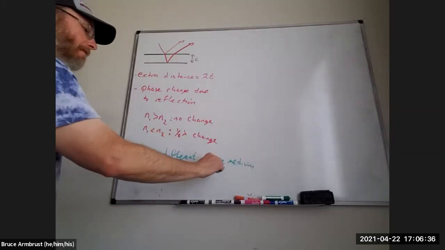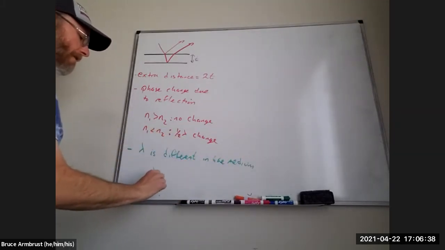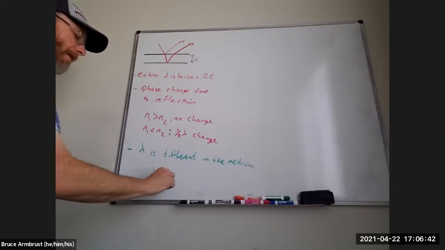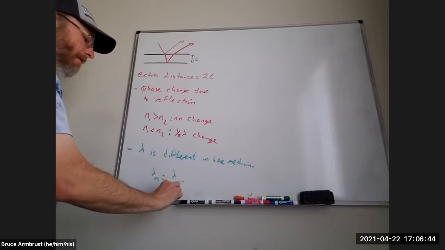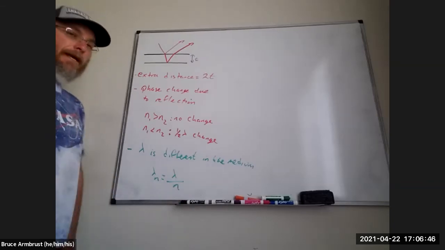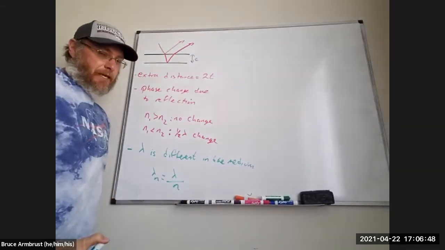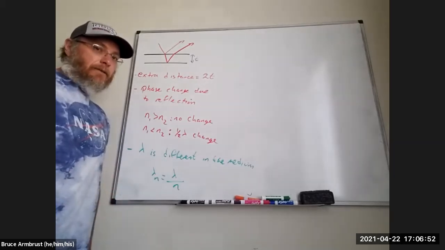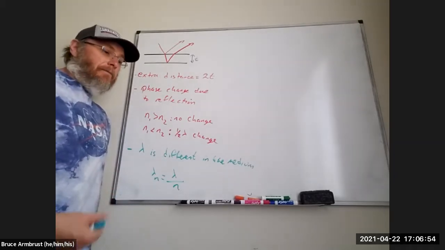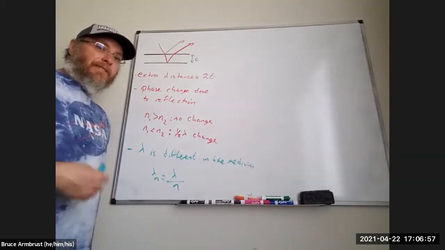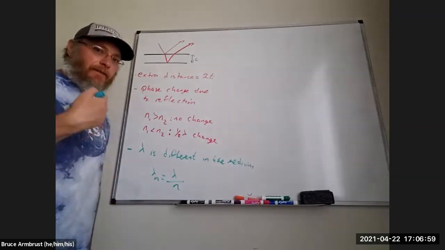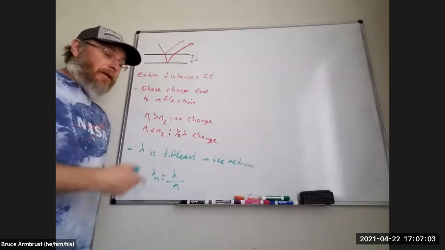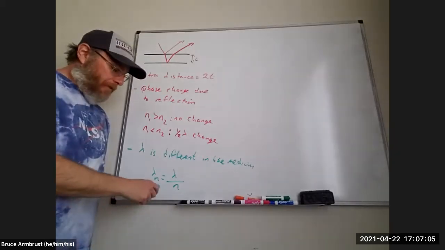In fact, we know that the wavelength in the medium, which I'll call lambda sub n, is equal to lambda divided by n. I showed you where that came from, from the wavelength, frequency, speed relationship. Since the speed changes but the frequency doesn't, because the wave fronts can't start piling up as we go into the next medium, that forces this.